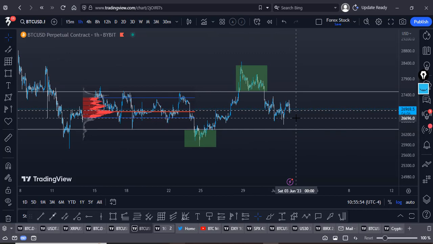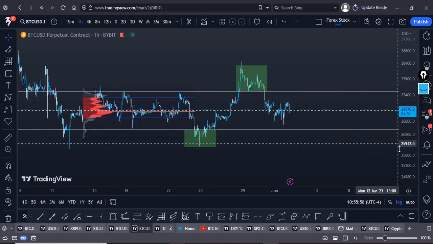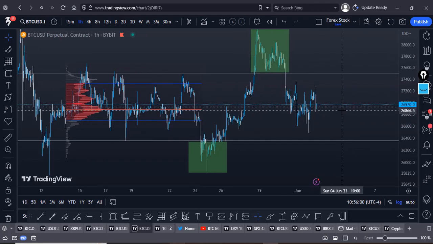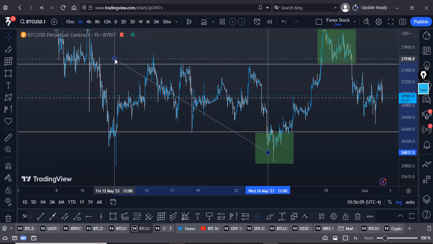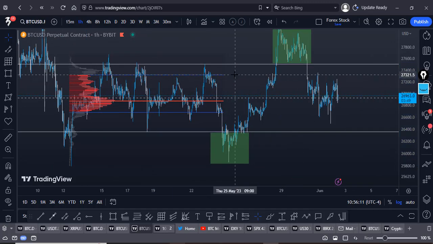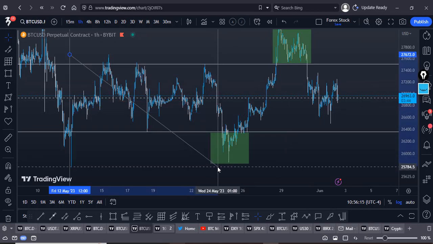If I pull the range tool, you can see the value area high and low. We are above the value area low and above this POC, volume POC, and the midline of this range channel. The midline of the range channel and the POC is respecting, and above it we have a value area high that has already been taken out and tapped.